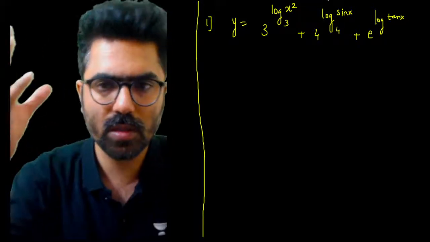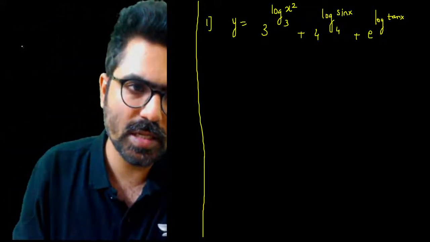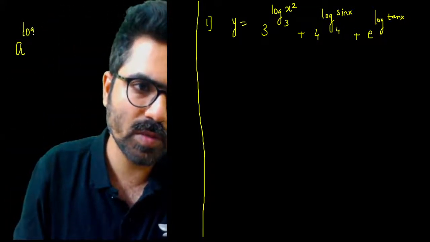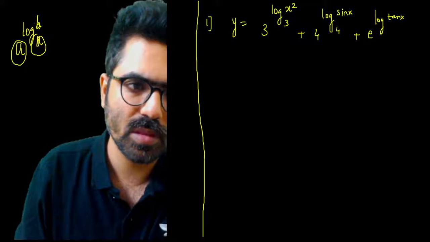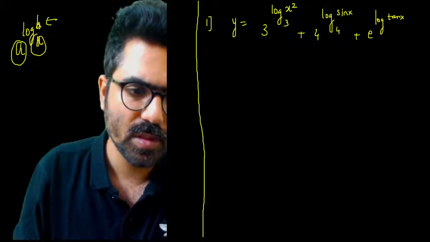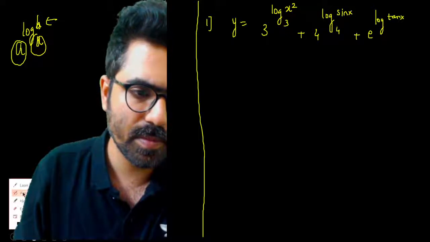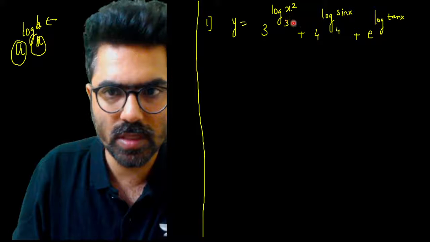In the 3 power, there is a log. As I discussed right now, if you have a log in the power of some number with the same base, this base should be the same, then the resultant is b only. In this case, as you observe, 3 के पावर में log है, and we have the base also as 3.